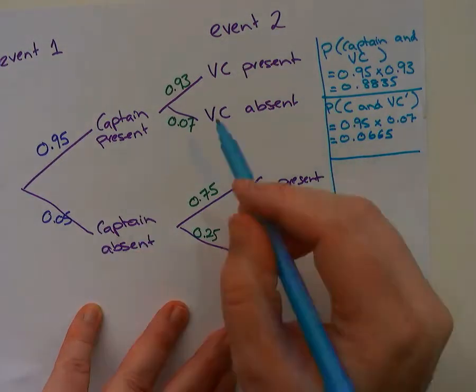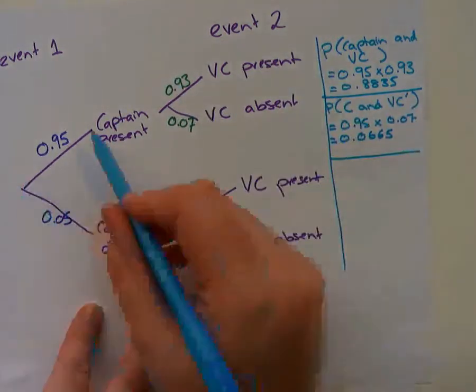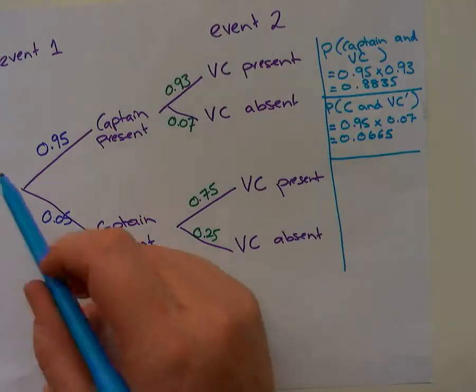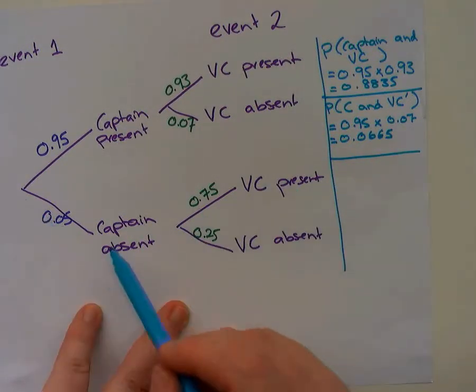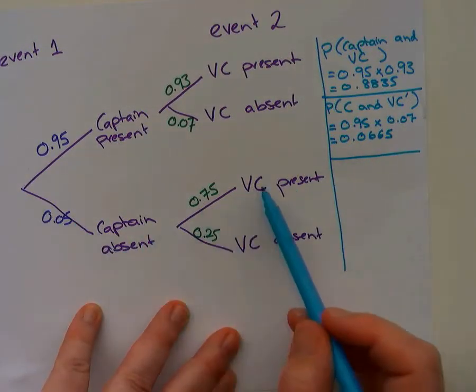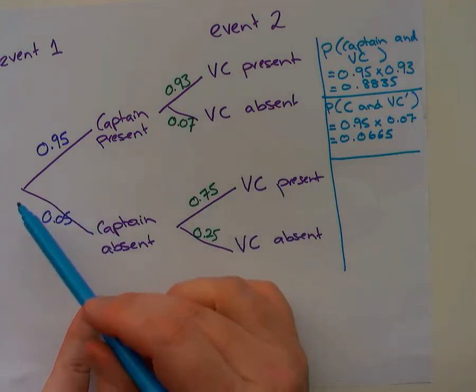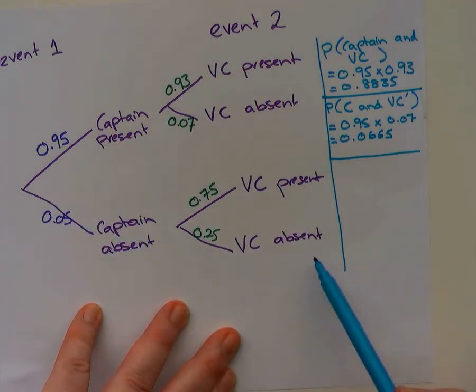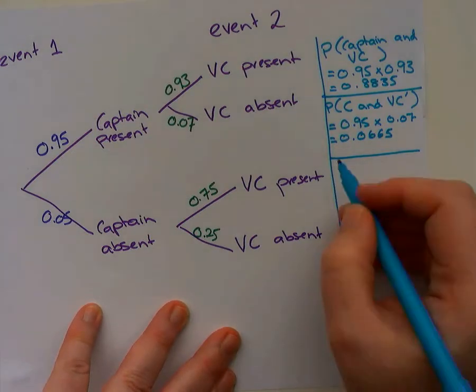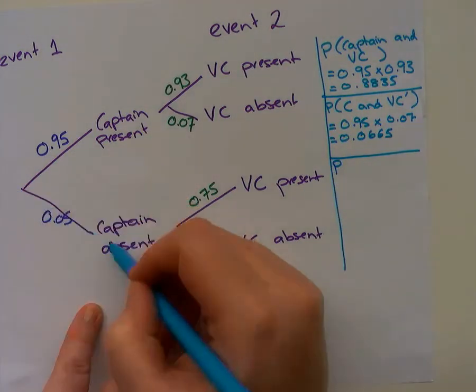Okay, so that's dealt with that combination and this combination. Now we've got two more combinations. We've got the probability that the captain's absent but the vice captain is present, and the probability that the captain's absent and the vice captain is absent, so they're both absent. So that's what we're going to do now. So first of all, we're going to do captain being absent.